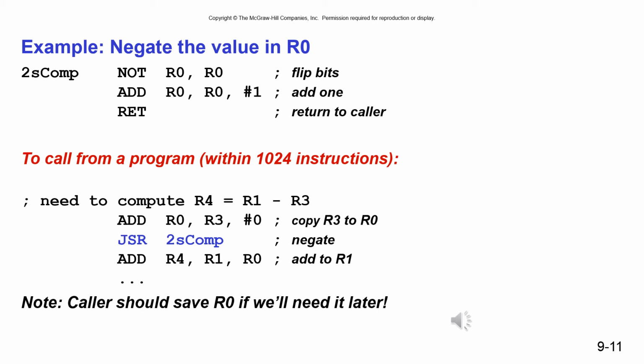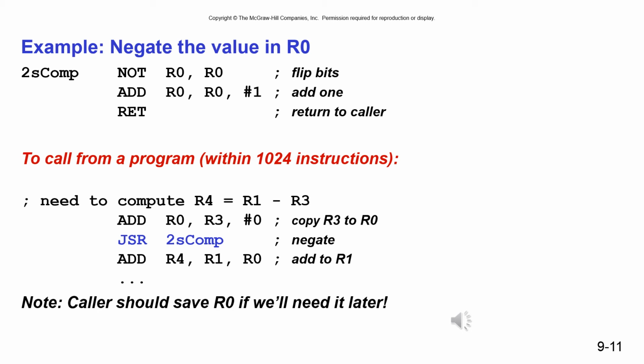In this example, you see the comment, we need to compute R1 minus R3, the value in register 1 minus the value in register 3. We don't have a subtract opcode, so we simply negate the value stored in R3 and we add it to R1.